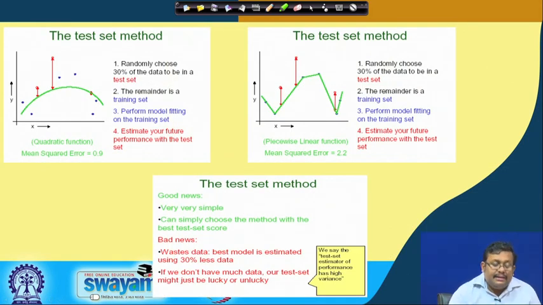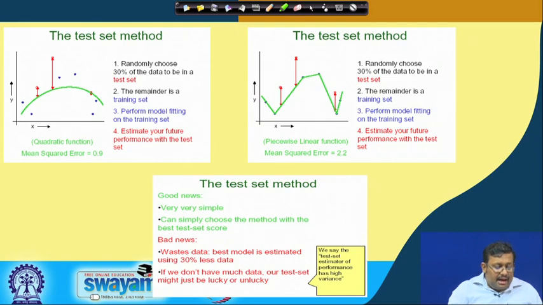Second is the test set method. So, randomly choose again, and just like we did for linear regression, we do this for quadratic regression and for piecewise regression, and ultimately we will get an estimate of mean square error.